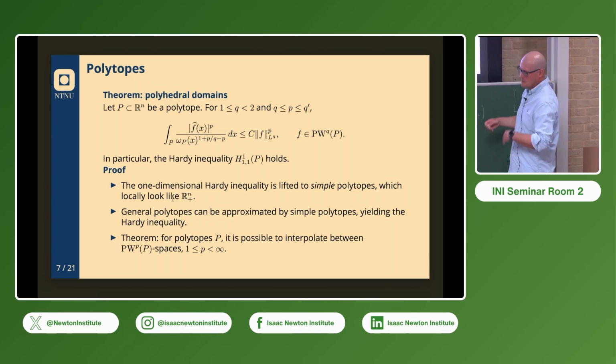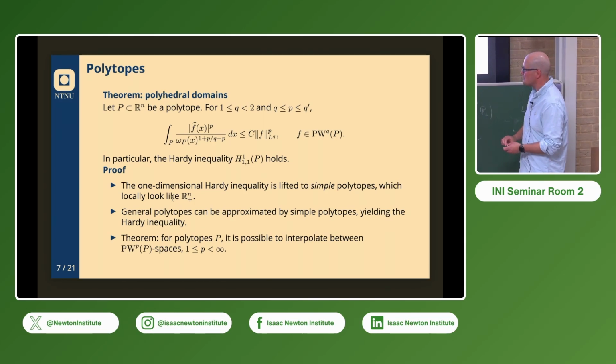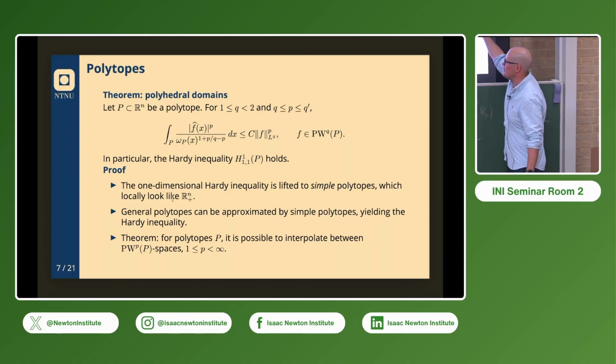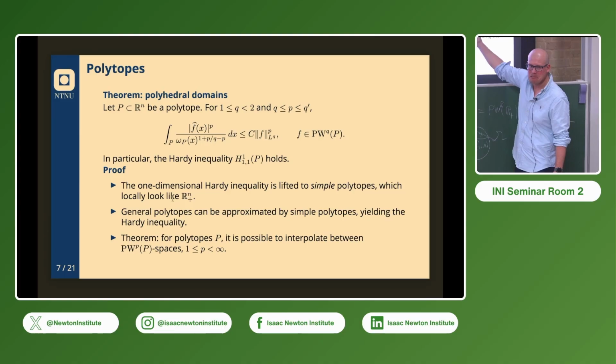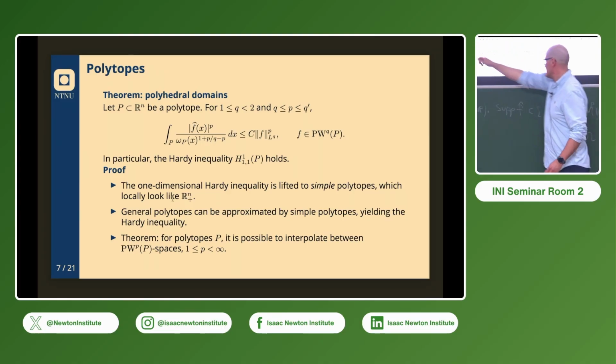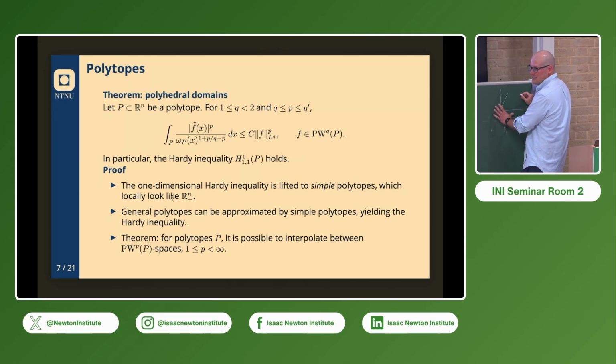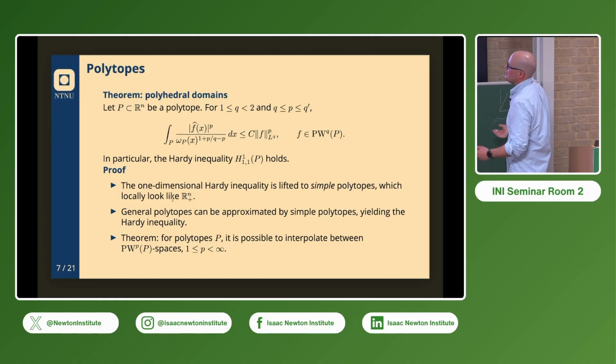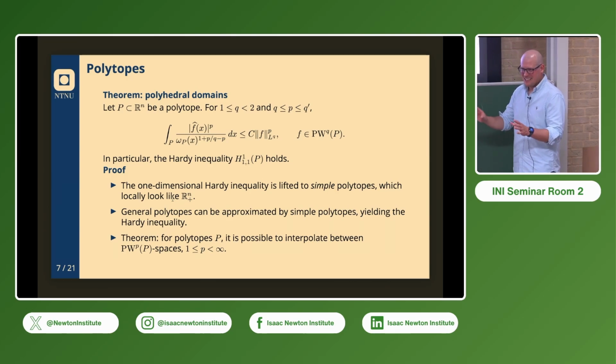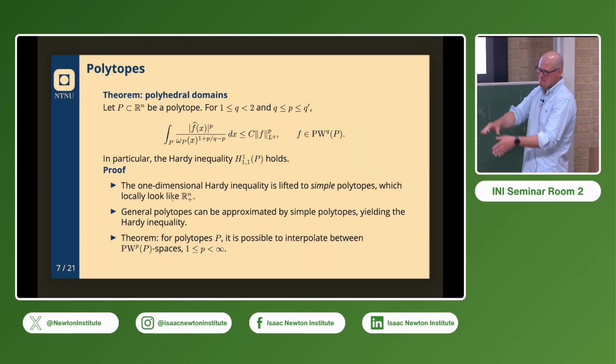So in particular the Hardy inequality holds, and how do you prove it? For simple polytopes that locally look like a simplex, this is just like the octant case, say in 3 dimensions. In this case it's just a tensorization of the usual Paley-Wiener space. So it's not hard, just some writing that AI can do to go from the interval to that.